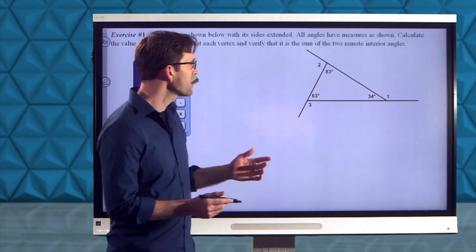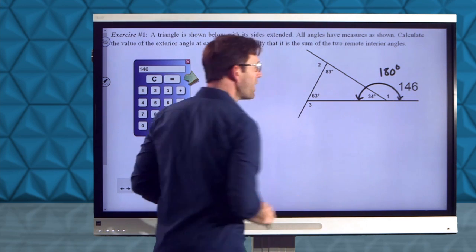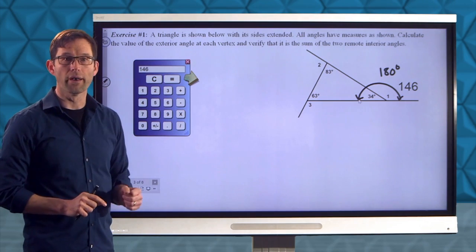Here's what I mean. Let's take a look at angle 1. What we know for certain is that these two angles must sum to be 180 degrees. So I can easily take my calculator out and do 180 minus 34, and I'll end up getting 146 degrees. That's got to be the measure of angle 1.